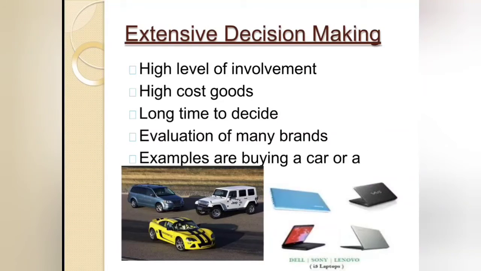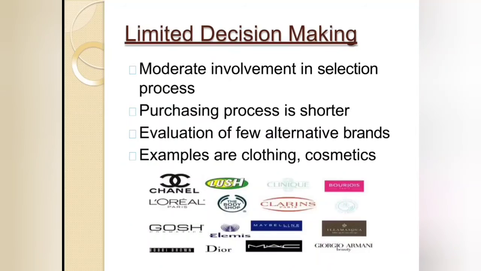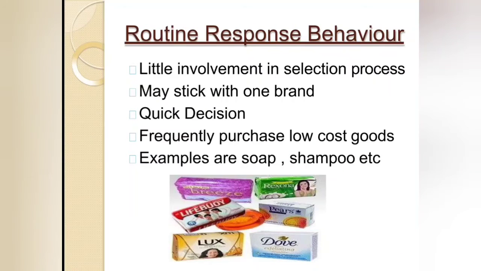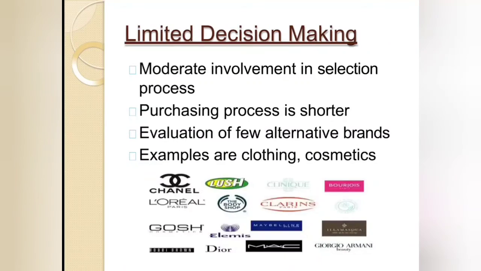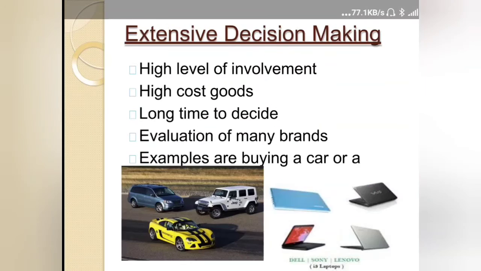For highly economically strong customers, extensive decision making may be converted to limited decision making or even routine response behavior, because a rich person may purchase a car even yearly or maybe even monthly. He doesn't bother if he makes a mistake in purchasing the car. If he doesn't find it suitable, he may sell it and purchase another one. So for a rich person, extensive decision making can also be converted to limited decision making or routine response behavior.